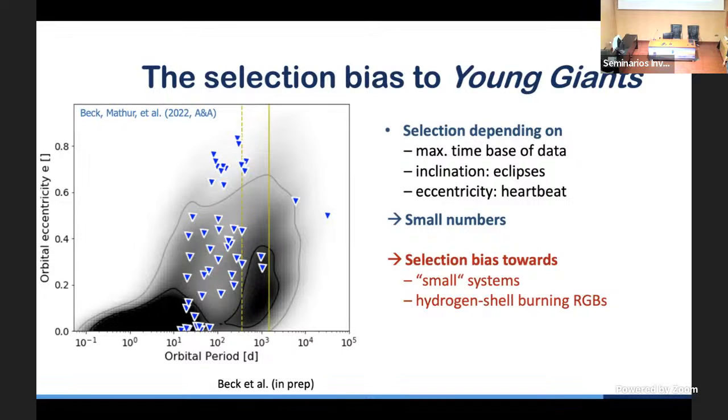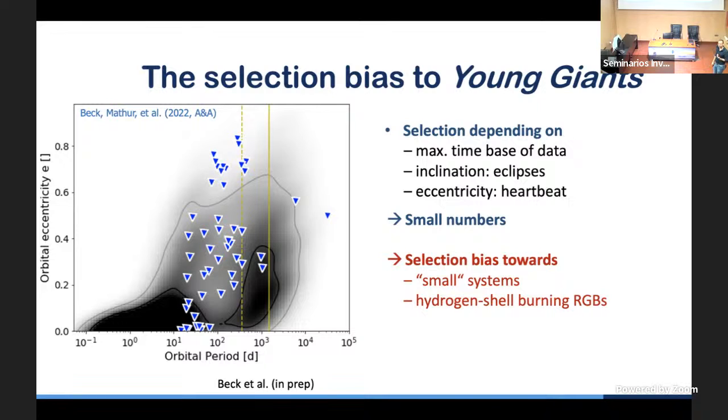But for this you need either an eclipse or a heartbeat event, and you're limited to the time base of the observations. That means you will catch everything that is shorter than the 4 years of Kepler, for example. But to give a giant space to evolve, you actually need to go beyond that.